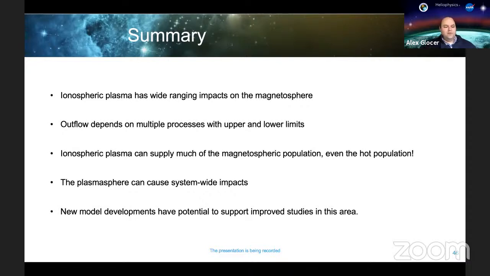So, from the observations, you have a power law, like I'm thinking of, from Bob Strangeway's paper. There's a similar paper done by Yiwa Zhang with Polar. And in both cases, you find, empirically, a power law relationship, but these relationships are really just for the times that are considered and the conditions that are considered.